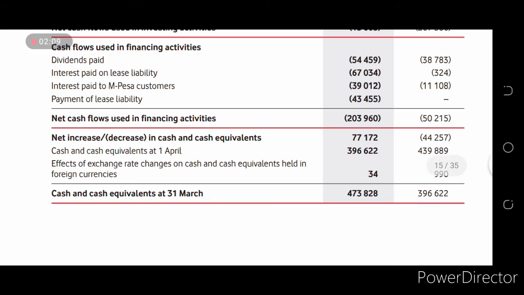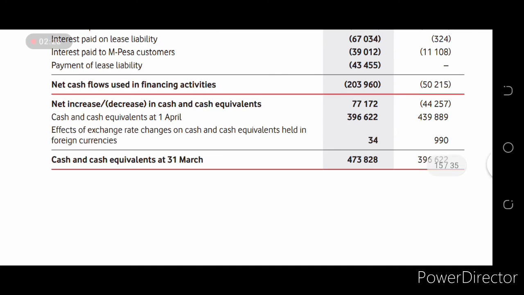And then we finally have the cash and cash equivalents, we can see the opening balance. They first showed the increase in cash equivalents, added it to the opening balance as of 1st April the previous year, and the effects of exchange rates from cash and cash equivalents held in foreign currencies.